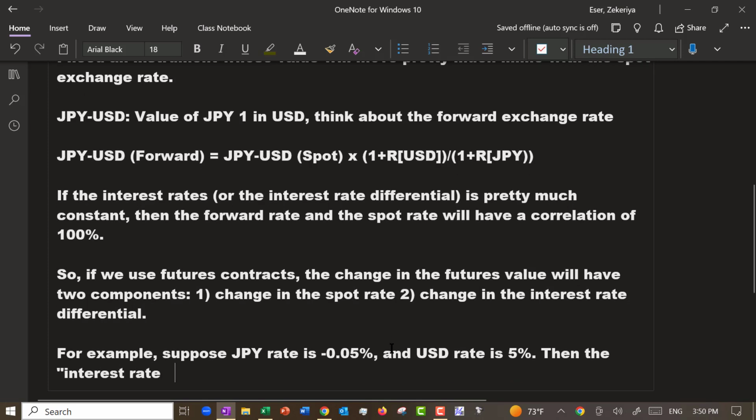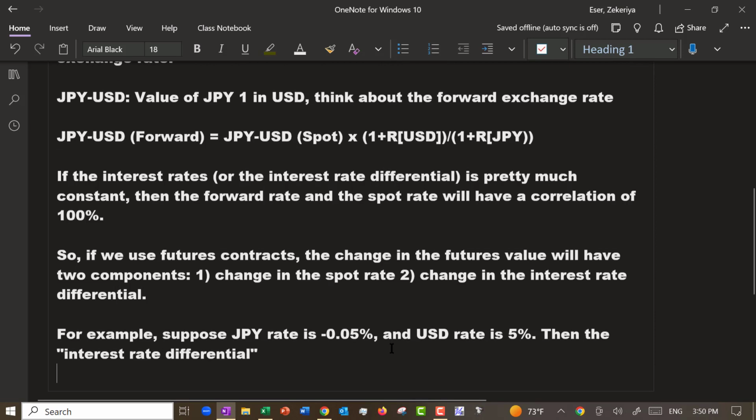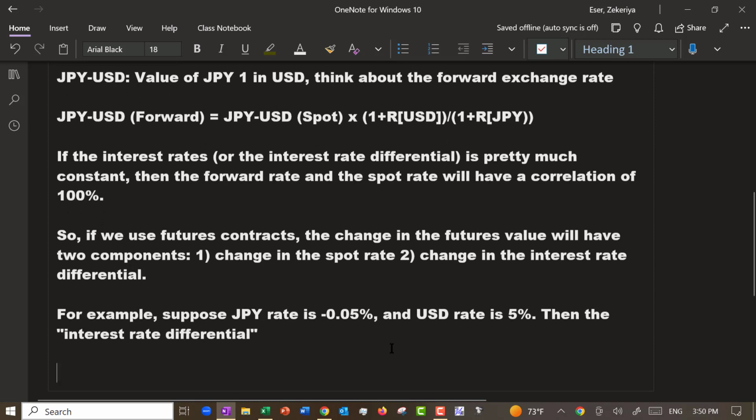I'm going to talk about interest rate differential as the following quantity. 1 plus rate USD divided by 1 plus rate JPY.